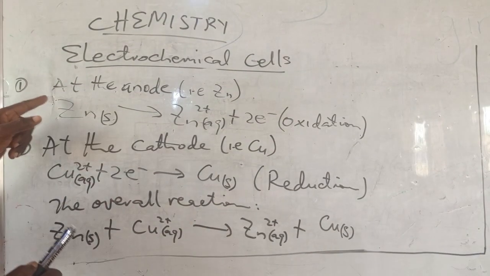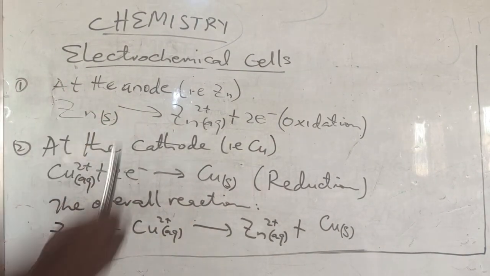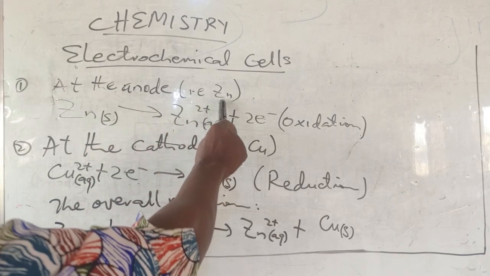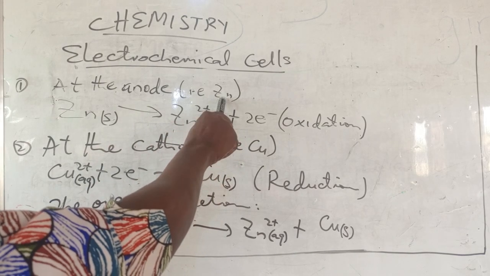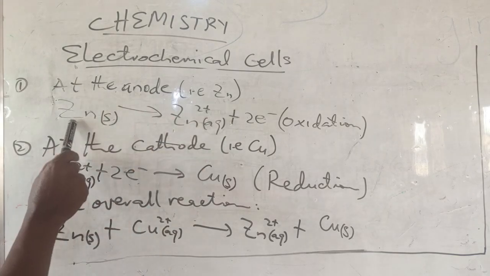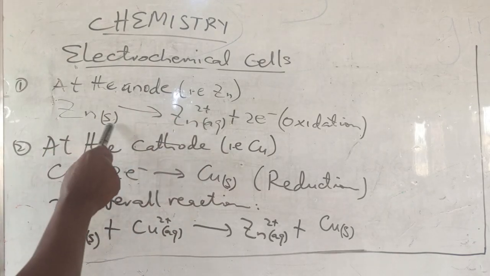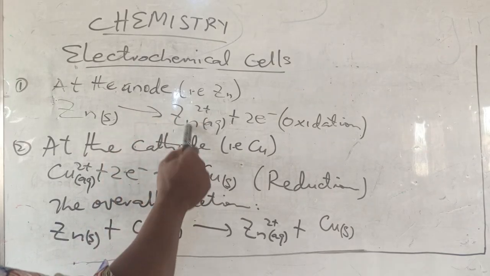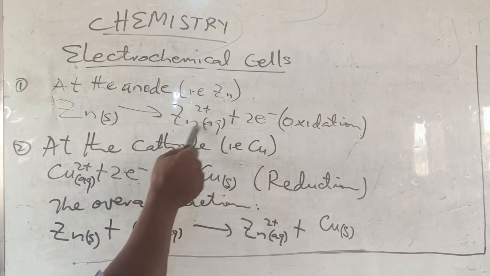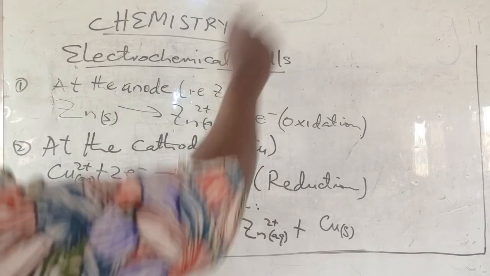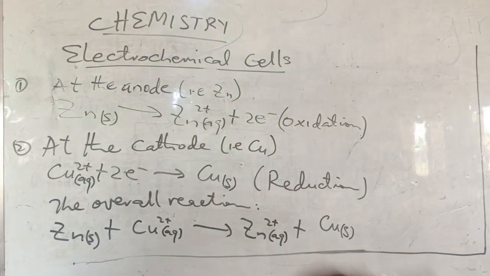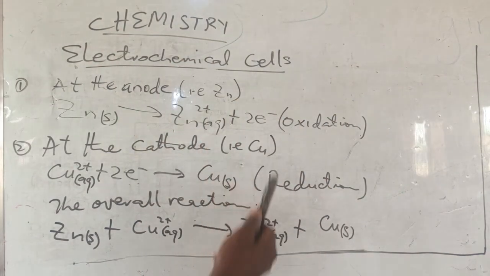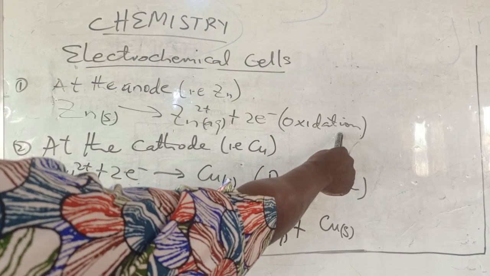Note 1, at the anode, that is at the half cell of zinc. At the anode, zinc will dissolve. This is the zinc plate, dissolve and then goes to solution. This is zinc ion going to solution. The 2 electrons flow down to the other side of the half cell, and that is oxidation.